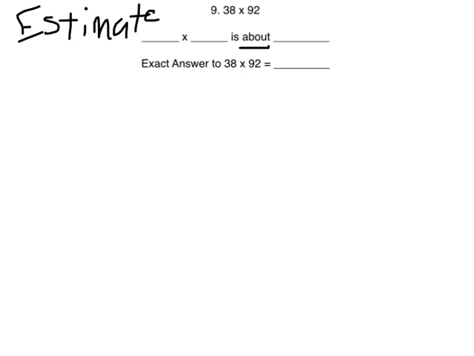So we're going to estimate. 38 is closer to 30 or 40? Well, it's closer to 40. It's only 2 ones away. 40 times, looking at 92, it's closer to 92 than 100, so 90. And I'm going to rewrite this a little bit nicer.